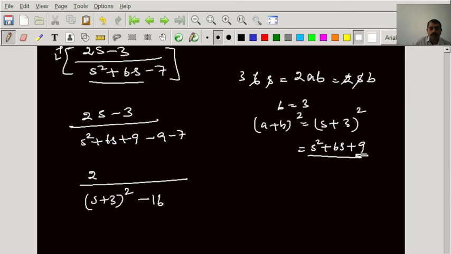Now we must modify s plus 3 equal to s. For that purpose, we modify the numerator itself. I am adding 3 and subtracting 3. So minus 3 is outside this s, so we write it in this format.